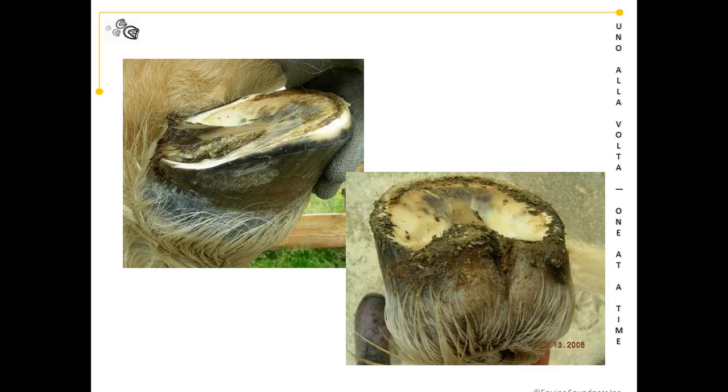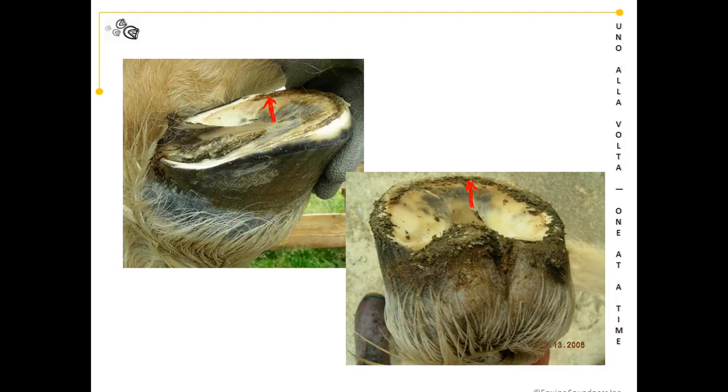concavity, and this is how the coffin bone is shaped, it's looked at from the apex of the frog to the hoof wall. That depth, it's hard to draw here with a two-dimensional picture, but that depth is concavity.